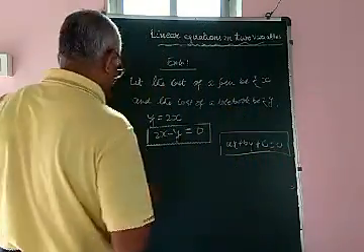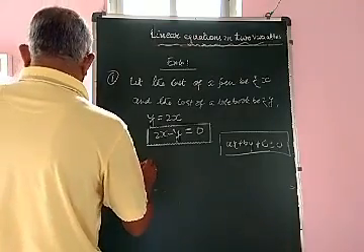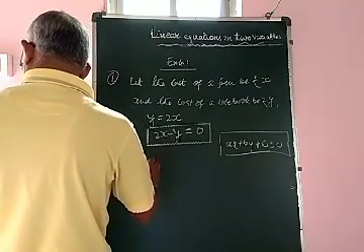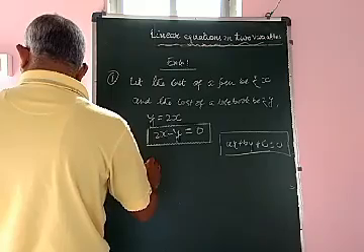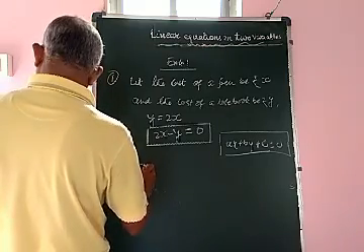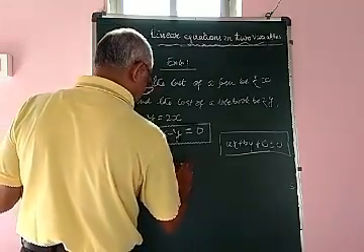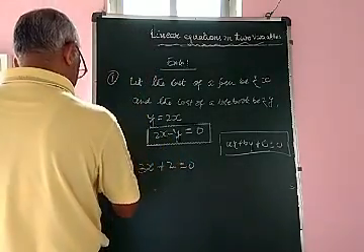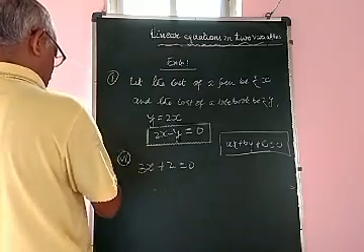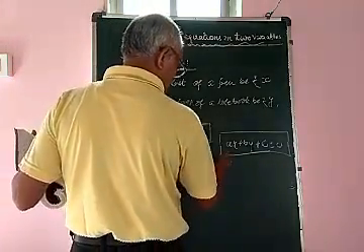Suppose here 3x plus 2y plus... is equal to 0 is the given equation. This is equation number 6, and you have to express this equation in this form.